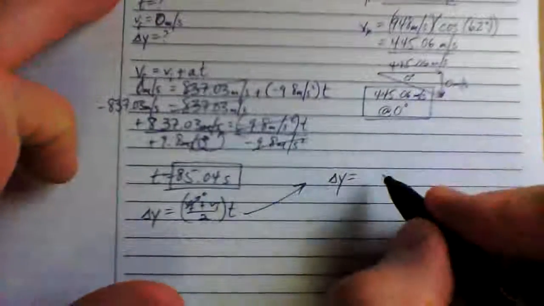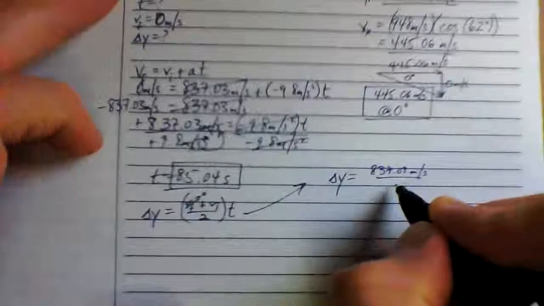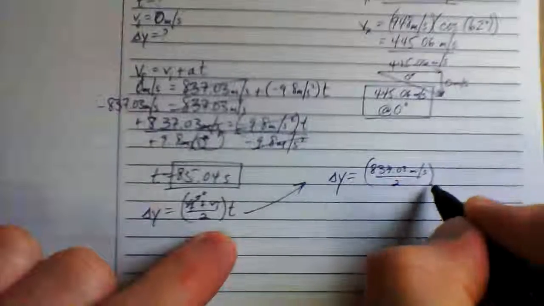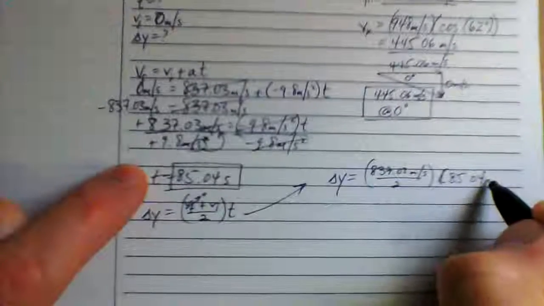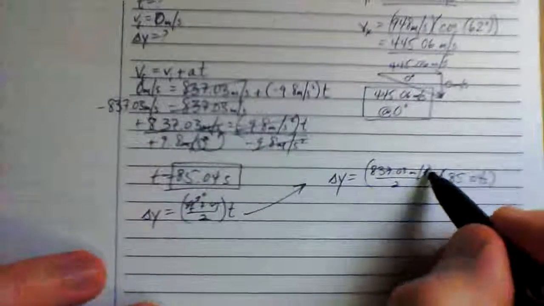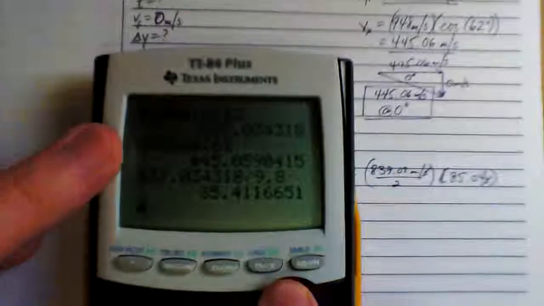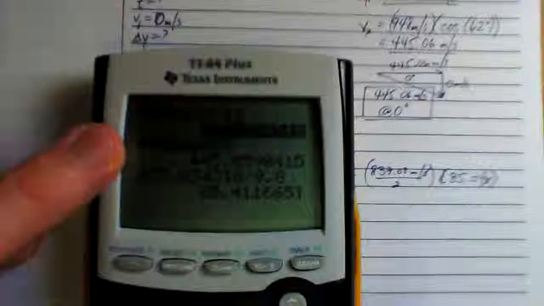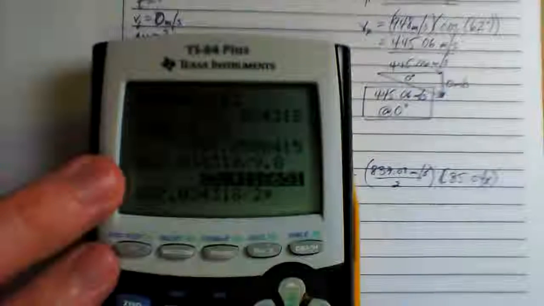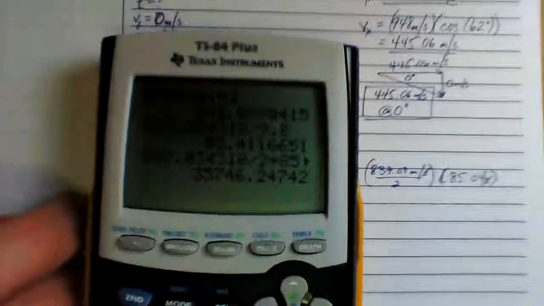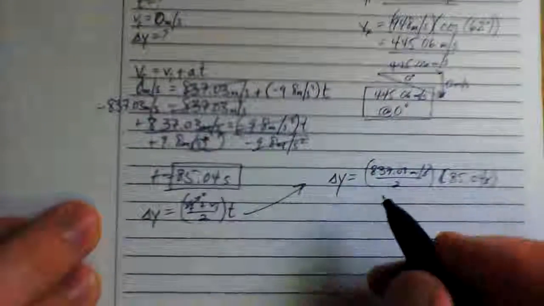So it's going to equal my initial velocity, 837.03 meters per second, divided by 2, times my time, 85.04 seconds. Alright, so what's going to happen is my seconds are going to cancel out there, and I'm going to put 837.03 divided by 2 times 85.04, and that's going to give me 35,746.25 meters.